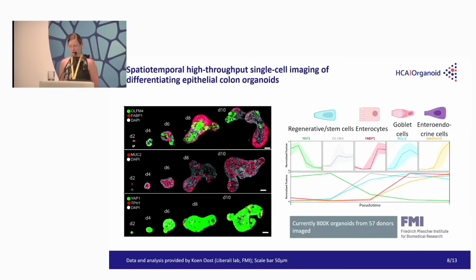This was also nicely shown by Priska on Monday, who is our partner for the spatiotemporal high-throughput single-cell imaging of epithelial colon organoids. There you see again the snapshot of different days during differentiation of colon organoids and how different cell types emerge. Priska's lab is then able to generate trajectories of development, and currently they have already imaged more than 800,000 organoids from 57 donors.